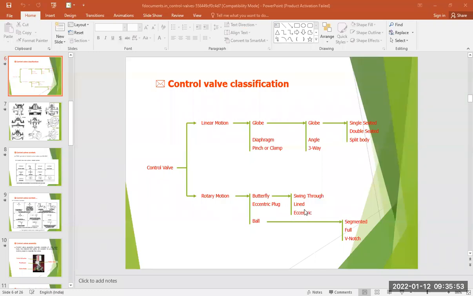The ball type is classified into three categories according to application: segmented, full, and V-notch type. This type of control valve we have to discuss, and we saw the different symbols of the control valve in the previous classes.